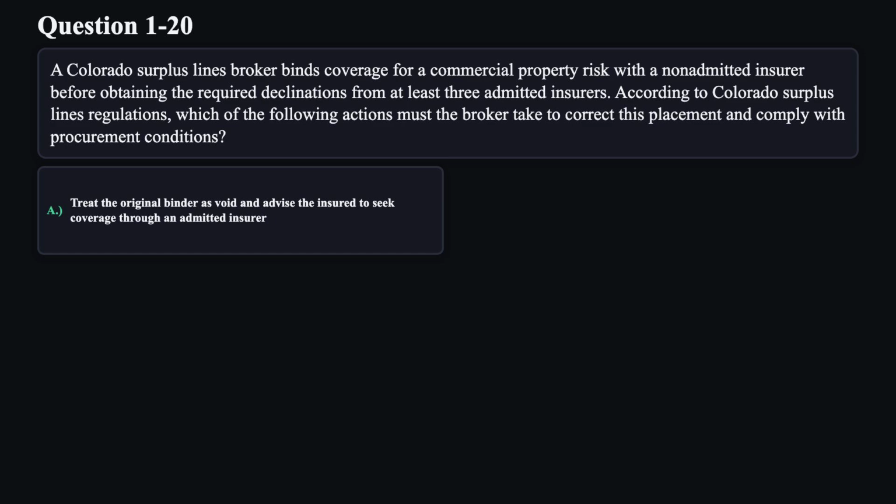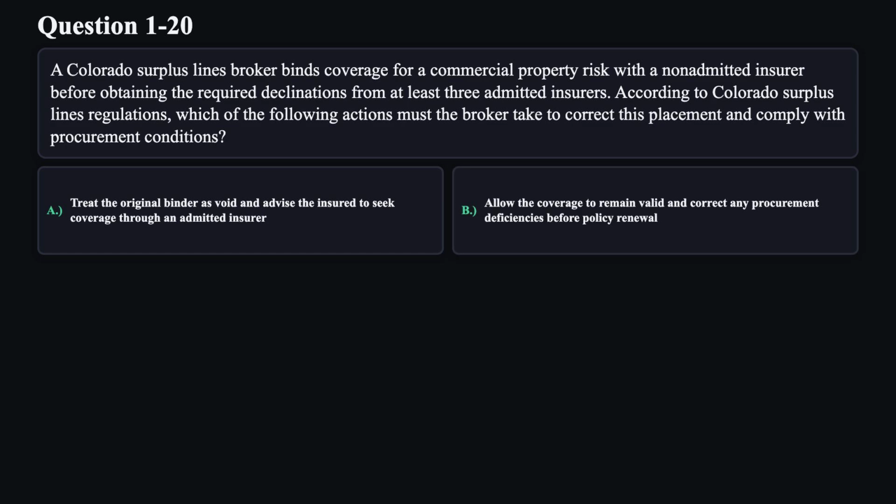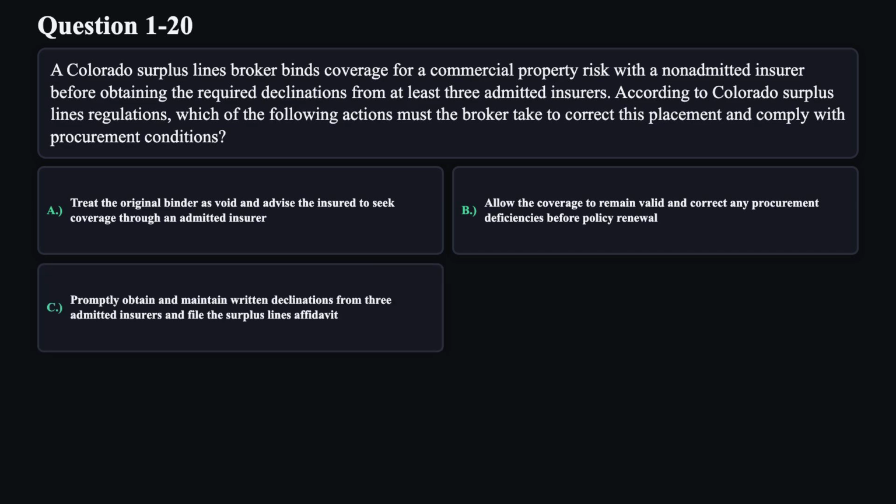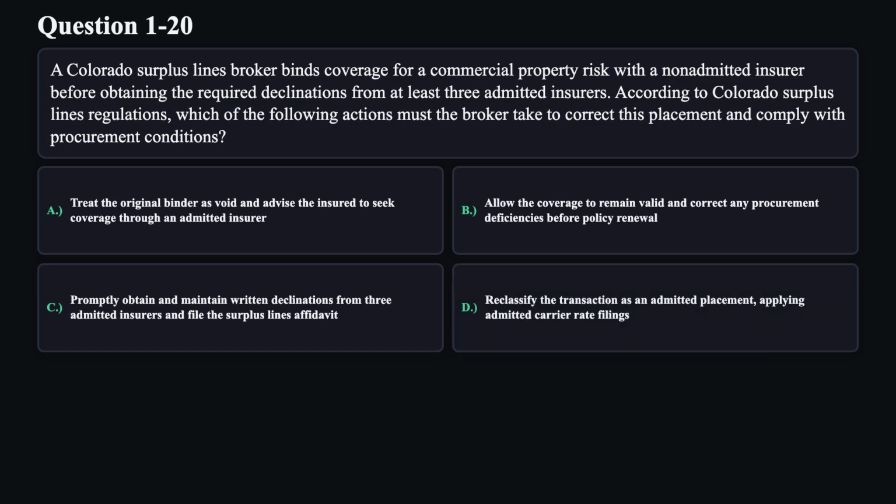A. Treat the original binder as void and advise the insured to seek coverage through an admitted insurer. B. Allow the coverage to remain valid and correct any procurement deficiencies before policy renewal. C. Promptly obtain and maintain written declinations from 3 admitted insurers and file the surplus lines affidavit. D. Reclassify the transaction as an admitted placement, applying admitted carrier rate filings.